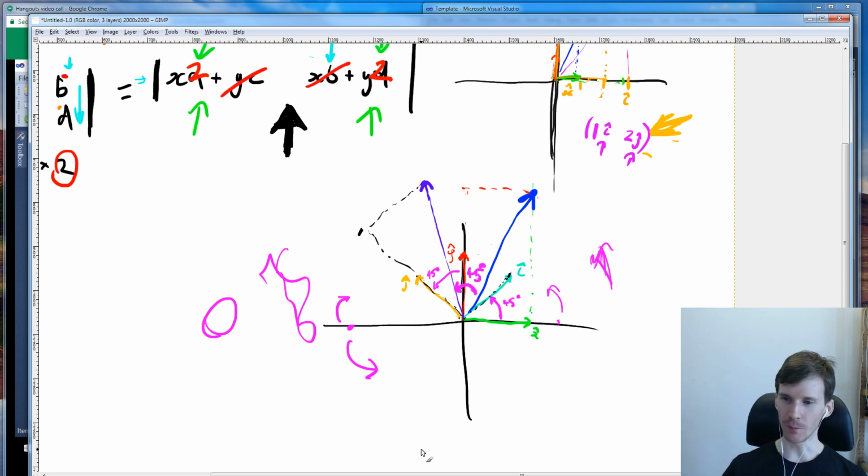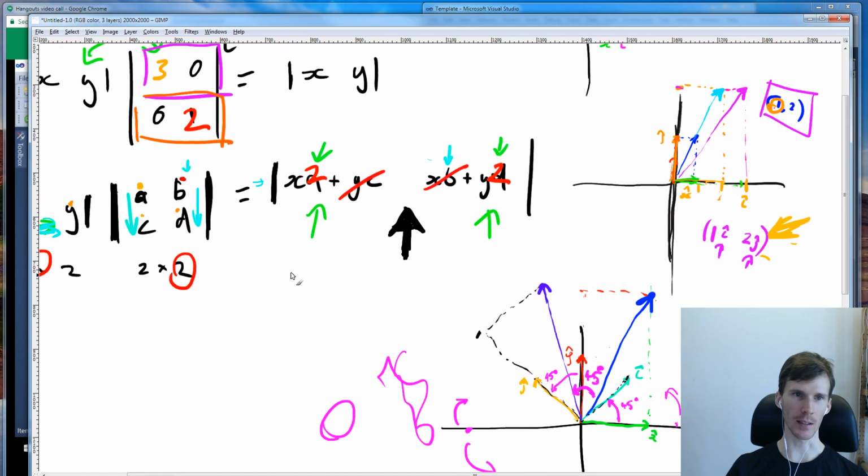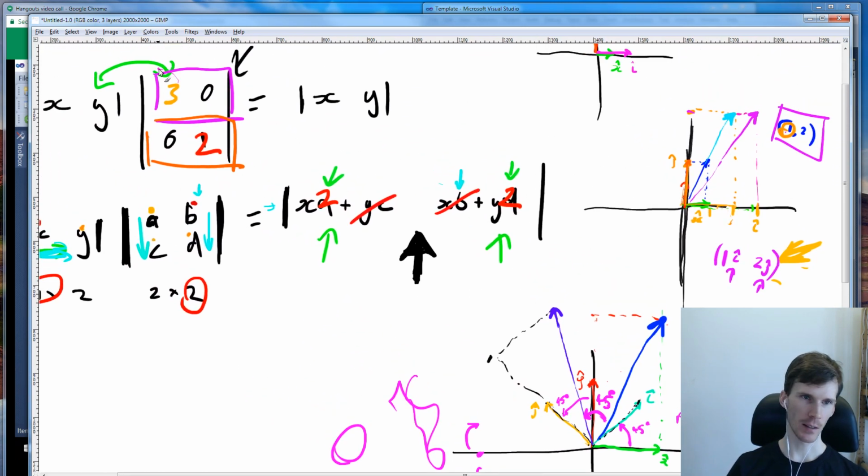All right, so as I was saying, these are vectors, and in theory they're the same as the basis vectors.